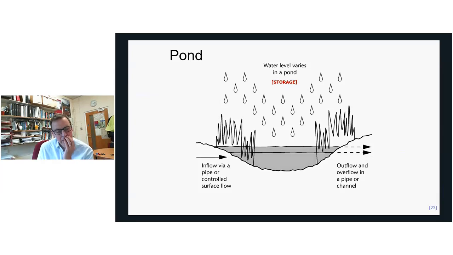So this is our pond. During dry weather, you'd expect there to be some water in it, and your storage capacity is provided as it rains, and the level begins to increase in the pond. Okay, so your pond water level doesn't stay constant all the time.